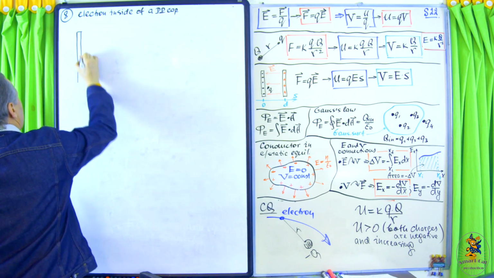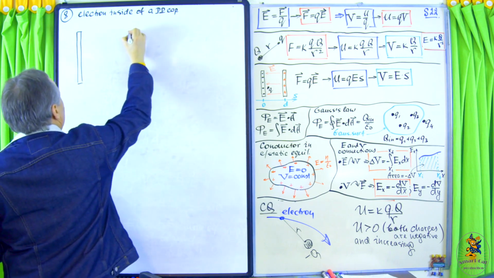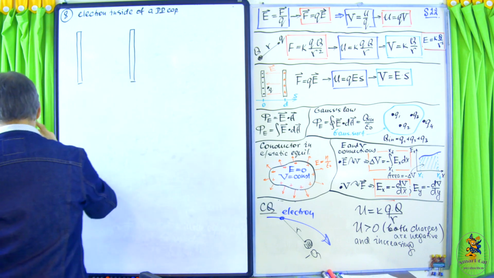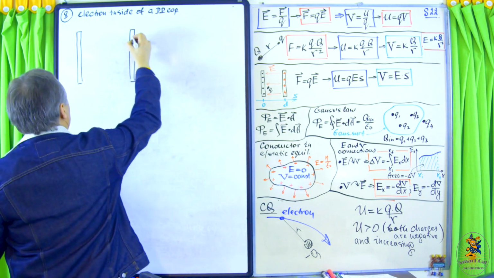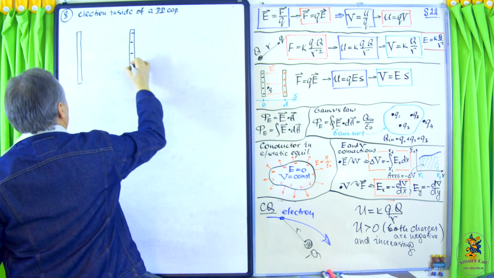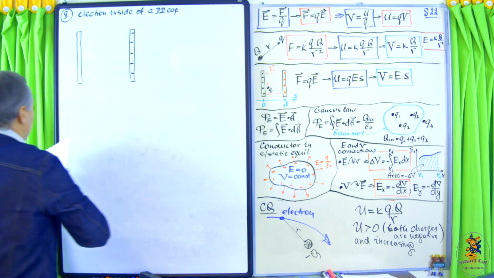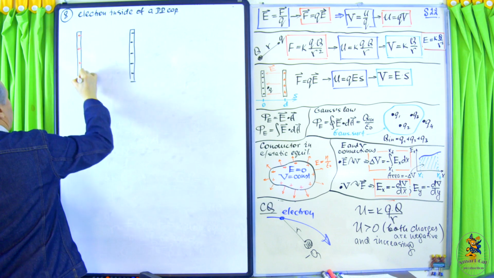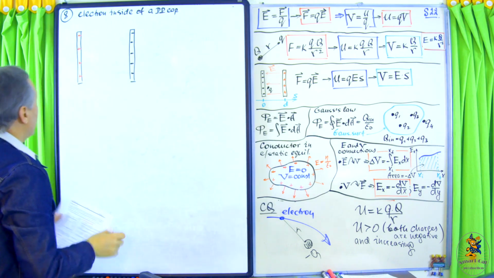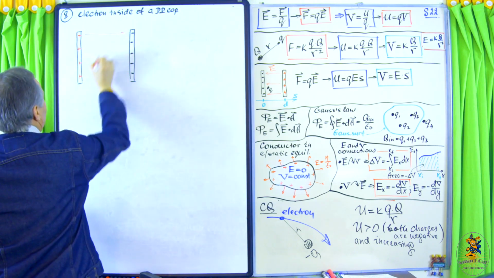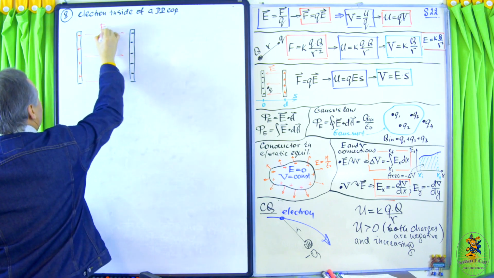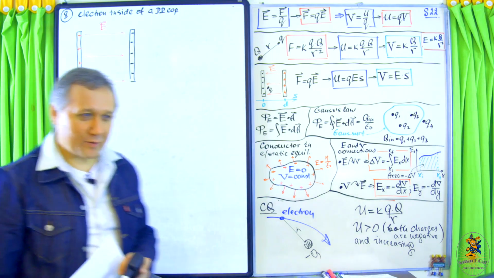That's the first electrode, then the second electrode. This is negatively charged. I arranged it in this way so that it's positively charged. Okay, to make the picture look better, let me draw electric field lines. It just makes the picture look better.